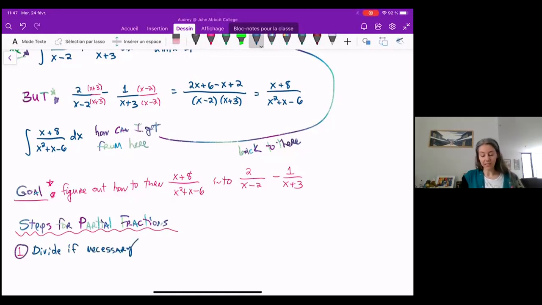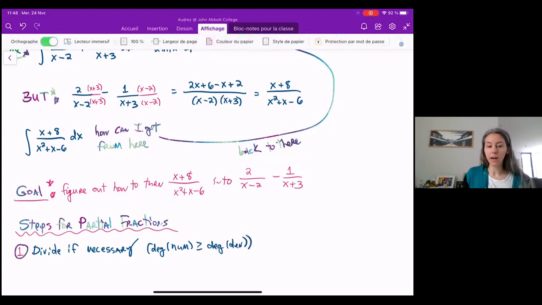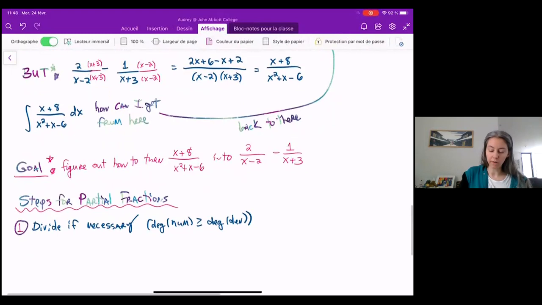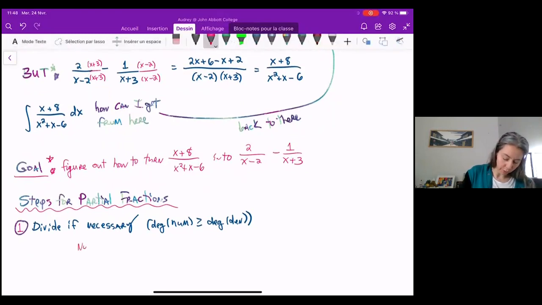This would be if the degree of the numerator is greater than or equal to the degree of the denominator. In this case, it's not necessary. The degree of the top is 1, the degree of the bottom is 2. So here we'll just write not necessary.